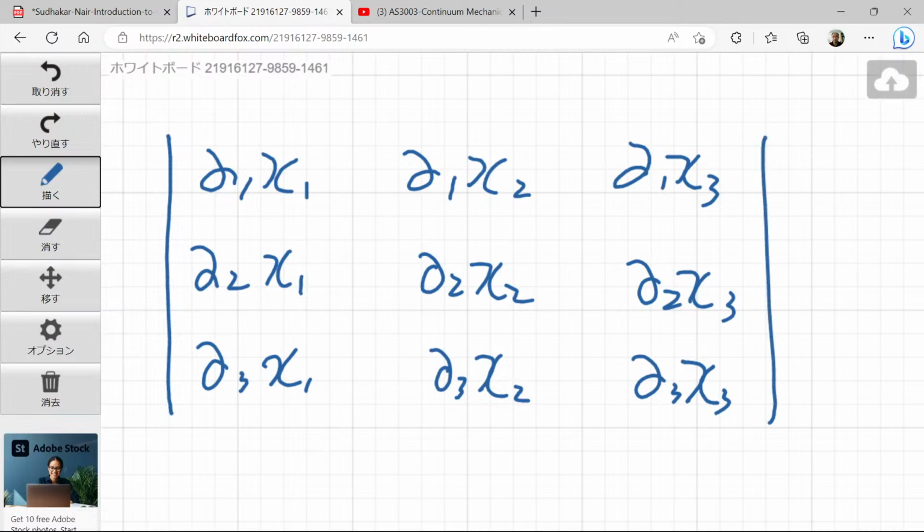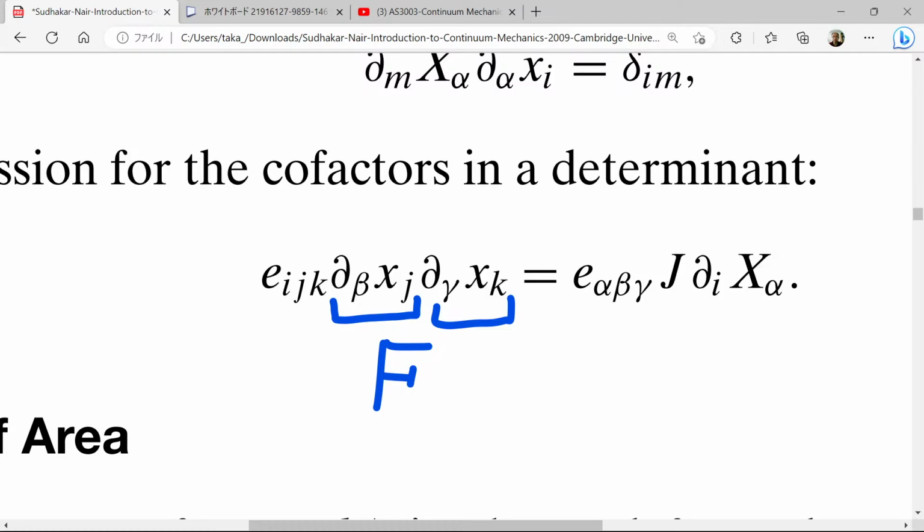I think this is the determinant we are thinking about now, okay?